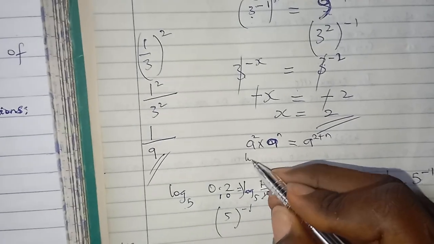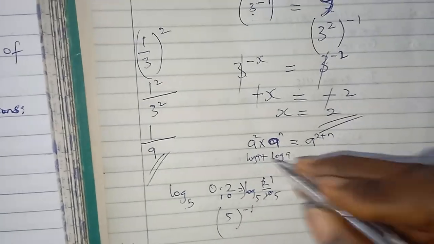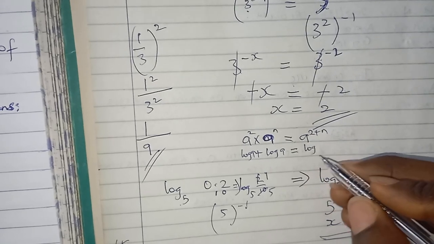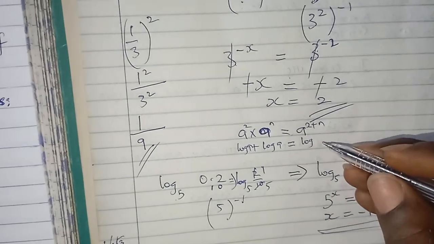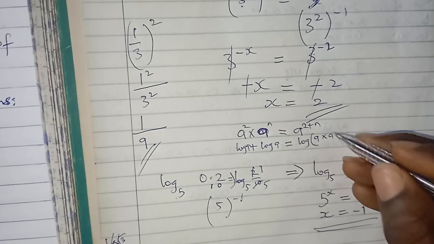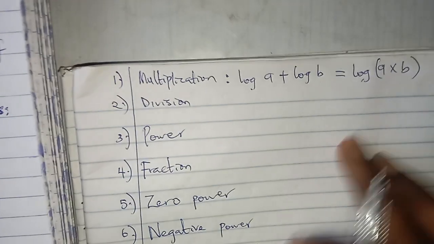So logarithm is now saying if the bases are the same, you should just choose to use one log, because you know that log is talking about power. Then you now do a times b. Are you seeing it?